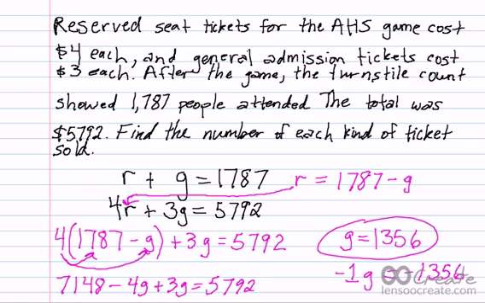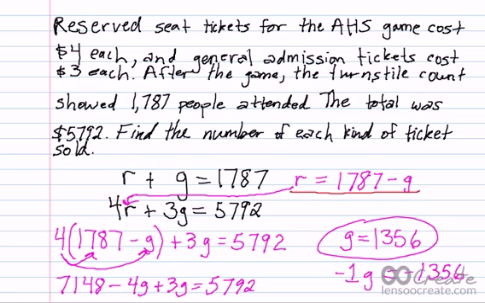We're halfway there. We found G. Now we have to find R. What do we know about R? We know that R equals 1787 minus G, and I'm getting that information right here. But what is G? 1356.